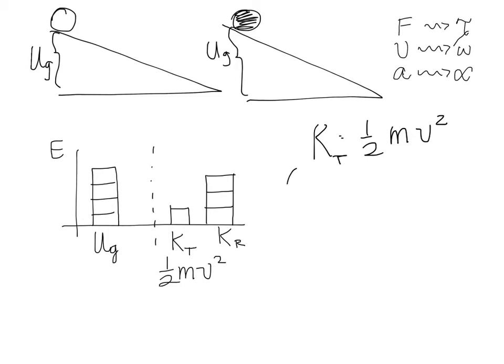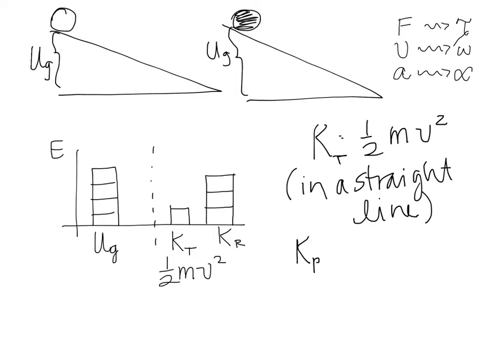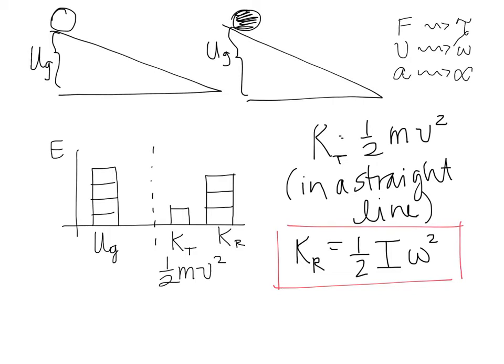That means in a straight line. So then our rotational kinetic energy, I'm going to use a little r subscript there, would be 1/2. Now it's not the mass, but the moment of inertia, and it's not the linear velocity, but it's the angular velocity. So this is our rotational kinetic energy equation.